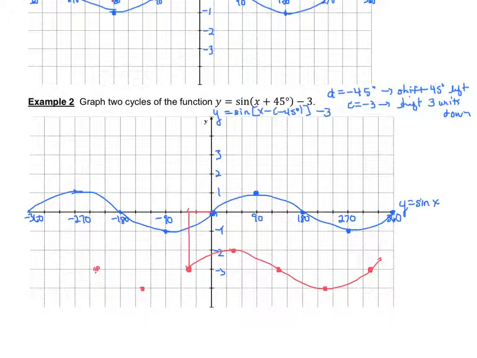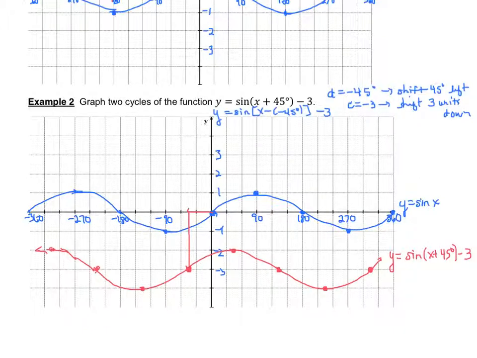And take all your key points and do the same thing. And we will end up with our translated curve, which we will label y equals sine x plus 45 degrees minus 3.